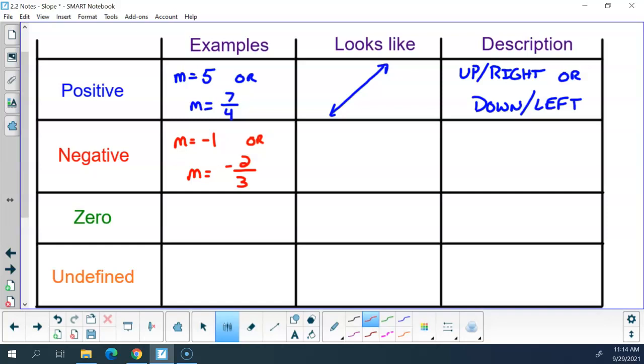Instead of going up and to the right, it's going to go down and to the right. Or it will fall as it's going to the right.